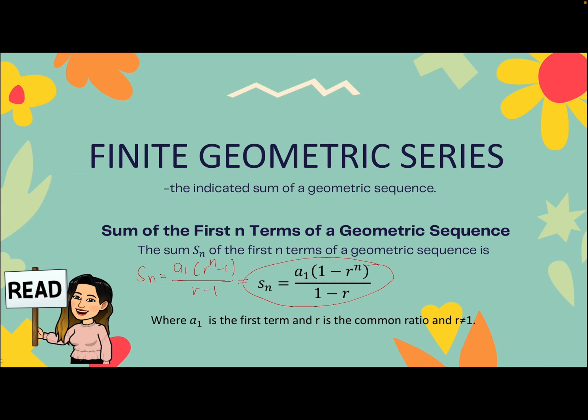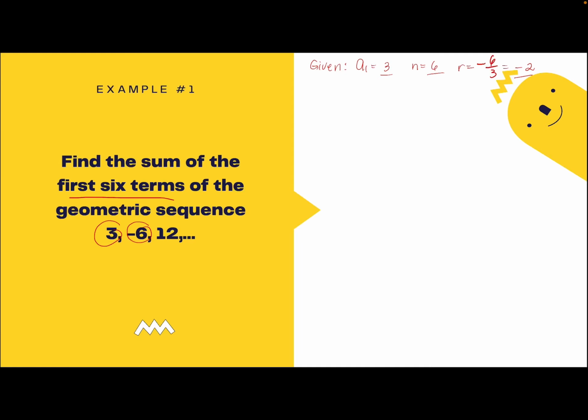It simplifies to S sub n equal to a sub 1 times the quantity 1 minus r raised to n over 1 minus r. Now let's go back to example number 1. That is why I went back: we will use this formula, S sub n equals a sub 1 times r raised to n minus 1 all over r minus 1. Now we will replace n as 6.